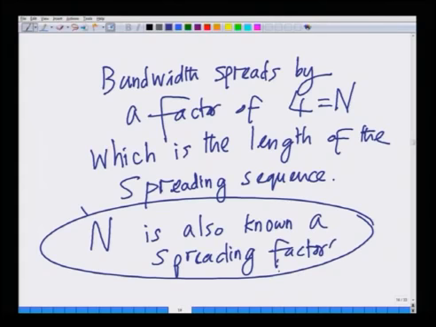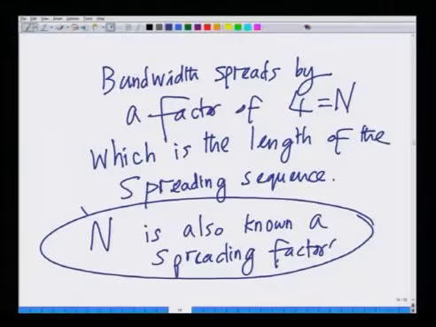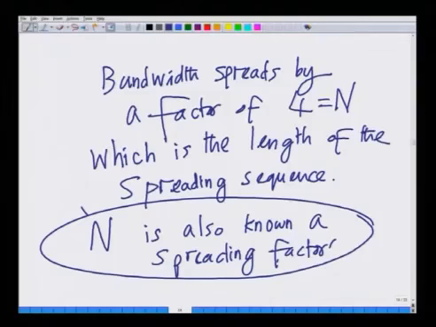In the future, we will also see that it is also known as the spreading gain, because it results in noise suppression. However, we are going to see that as we continue with this lecture. N is also known as the spreading gain. All right, so this terminology is important to keep in mind.